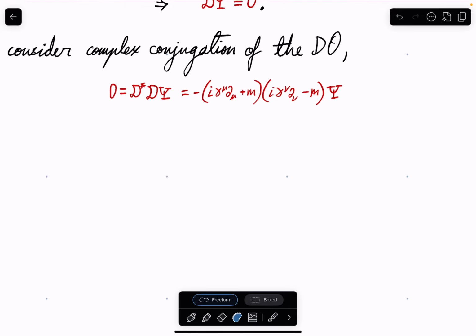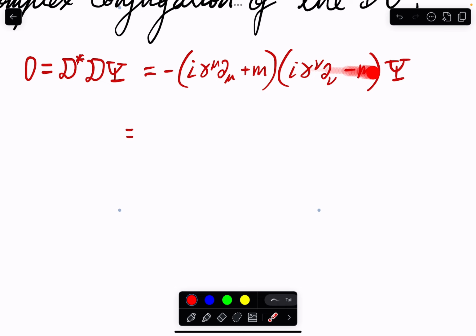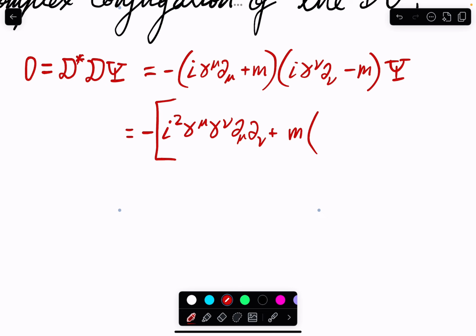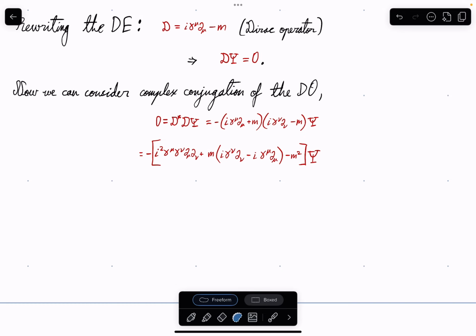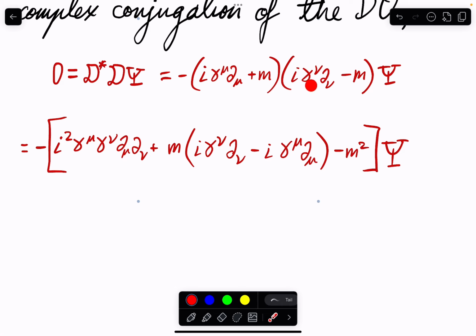So if we expand this out here, we're going to have a negative sign out front, then minus i squared gamma mu gamma nu partial mu partial nu, and then plus m i gamma mu partial mu, or hang on, sorry, then minus i gamma mu partial mu minus m squared, all of this times the Dirac spinor. So this is from this times this, this is from this times this, and then m squared is from this times this.